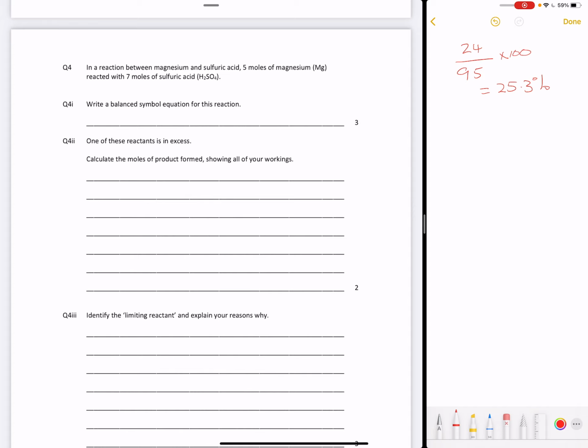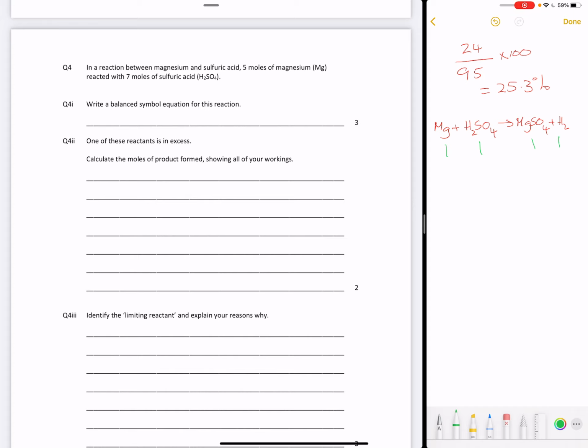Okay, so what you should get here is magnesium reacting with sulfuric acid, and that makes magnesium sulfate and hydrogen gas, and it's fully balanced. And what you should see is 1 mole to 1 mole to 1 mole to 1 mole.